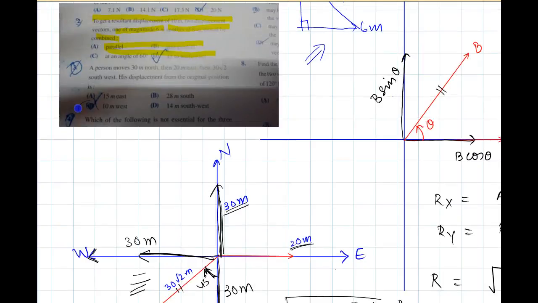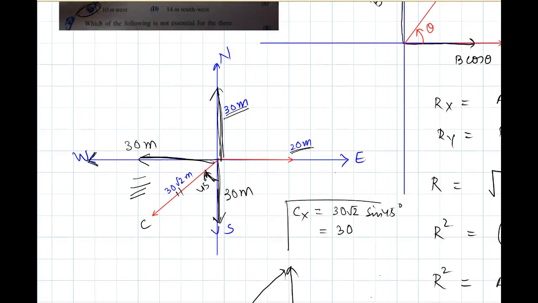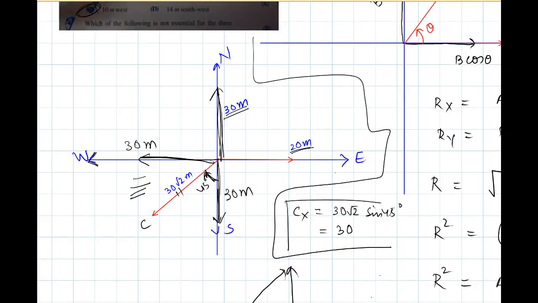To solve such questions, put all your vectors on an xy axis, find the components along x and y, and do a simple calculation along one dimension for both of them. Answer will be a breeze. Make sense? Don't try to go like this, it went 30 meters north and then 20 east and something like that. It's very difficult to get the points here. It's easier if you plot them on a graph.